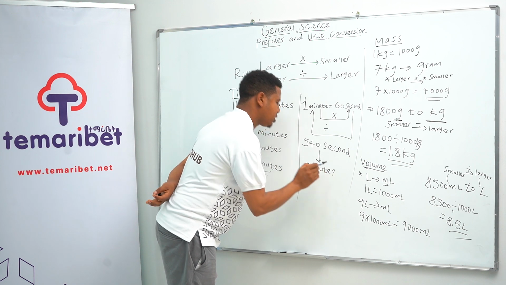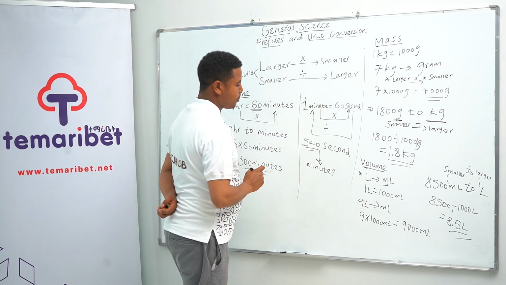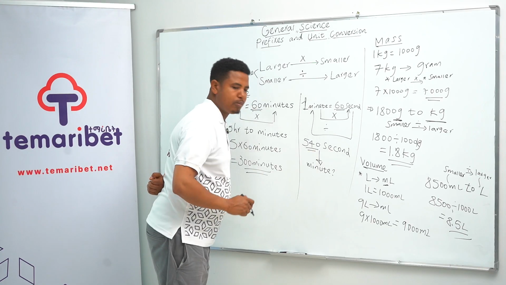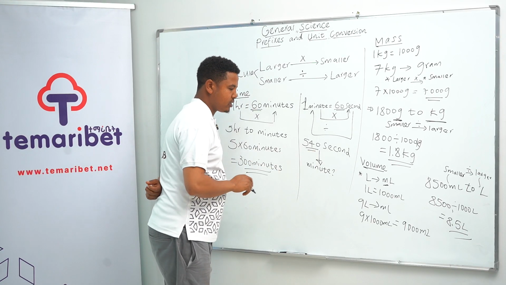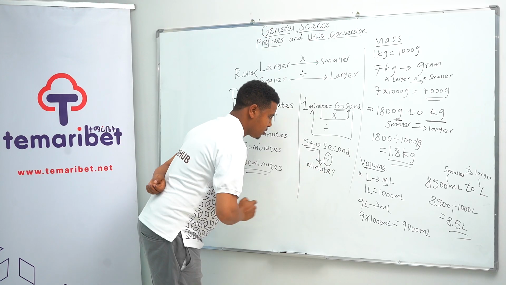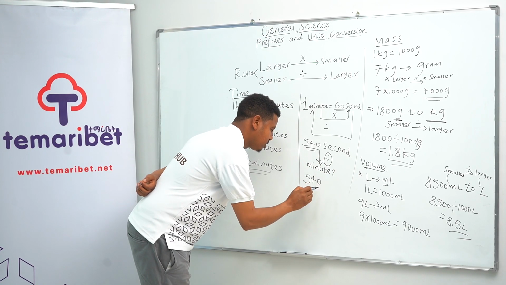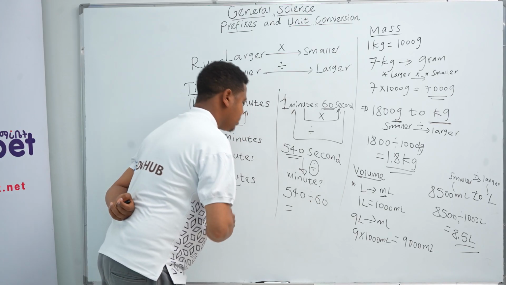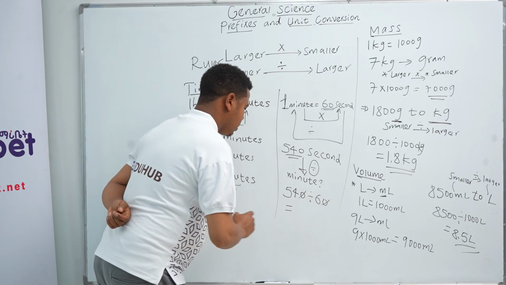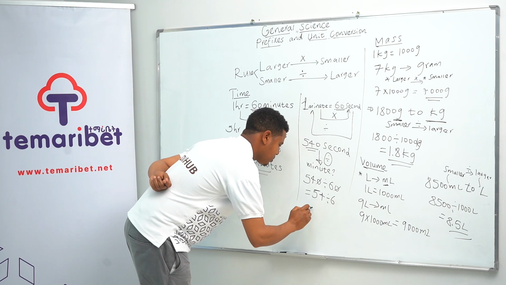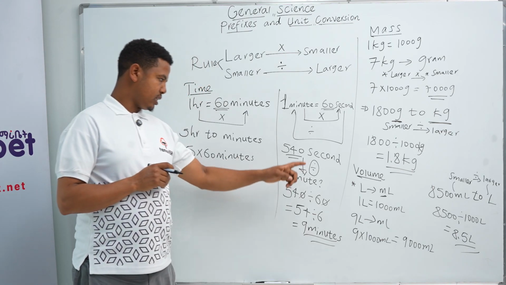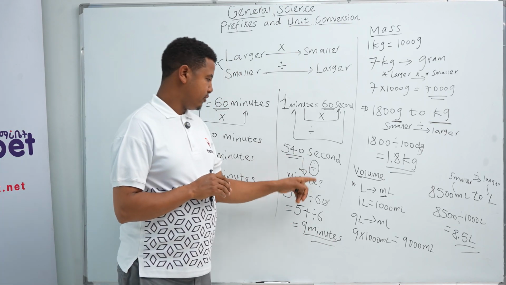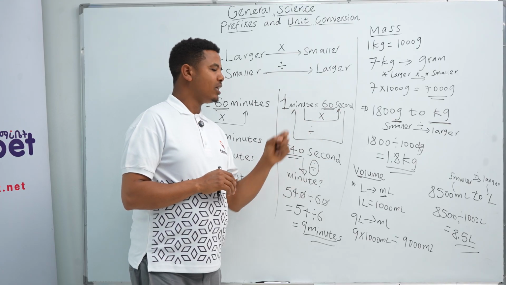Now we are going to change 540 seconds to minutes. Our multiplier is 60. Since the second is the smaller unit and minute is the larger unit, we use division here. So now let's divide 540 divided by 60, which is 54 divided by 6, so 540 seconds is equivalent to 9 minutes. We just get it by division because it is from the smaller unit to larger unit.